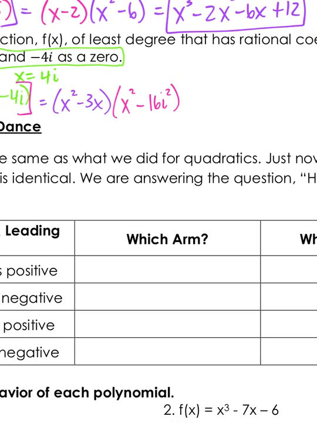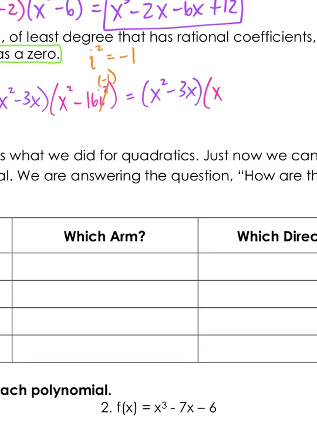Now, I don't know if you remember, this was a while back, but we learned that i squared equals negative 1. So I am going to replace this with negative 1. So that's x squared minus 3x times x squared, and then negative 16 times negative 1 gives me positive 16, so plus 16.